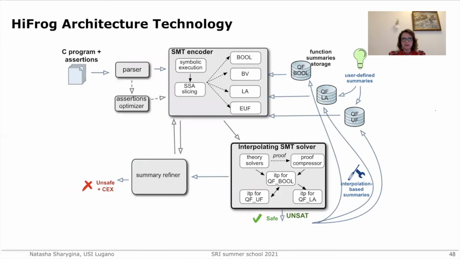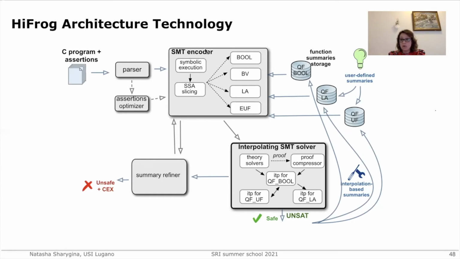Altogether, here's the architecture of HiFrog technology. We already covered pretty much all of these steps, and let me walk you through it again to make sure it all gets together in a complete picture appropriately. We start with a given program and some assertions, some claims, it's all synonymous, some properties to check. And we start pre-processing our description, trying to convert it into a symbolic formula.